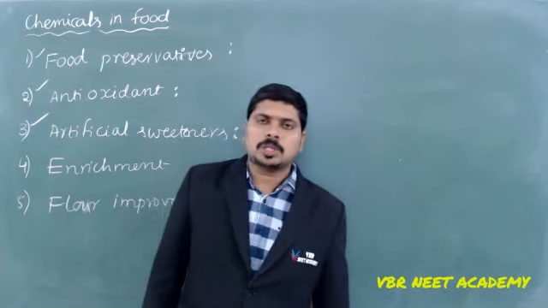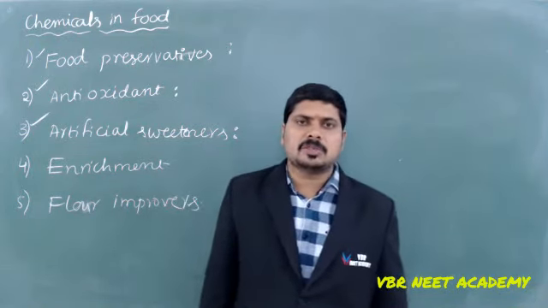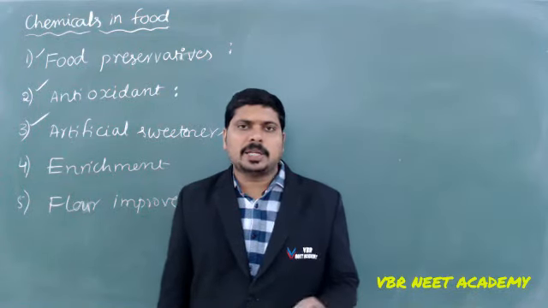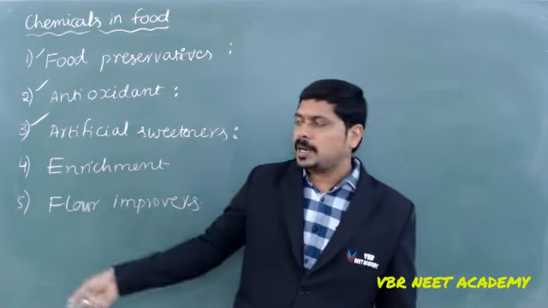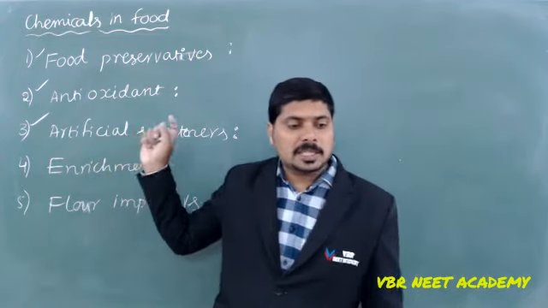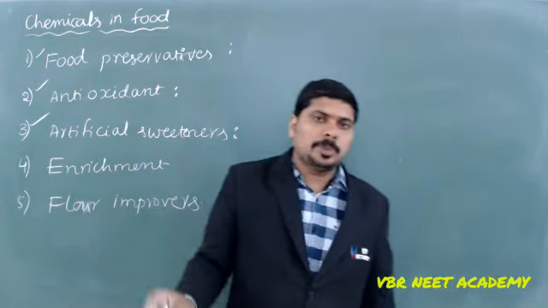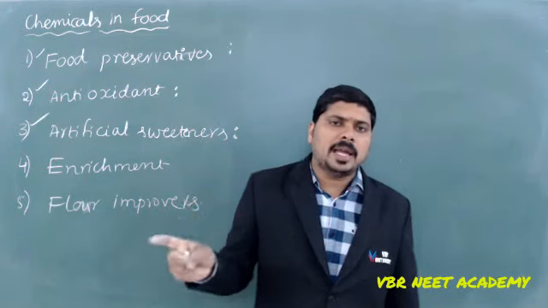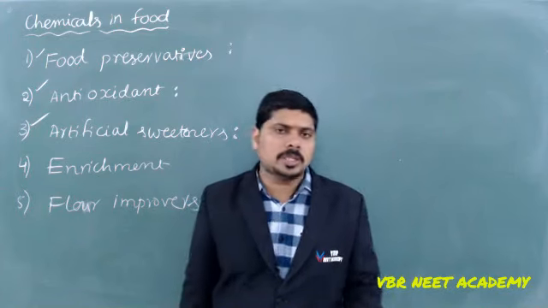The sucrose that we add to food makes it sweeter and tastier, so that we have a good taste on our tongue. But what do we call them here? Artificial sweeteners. They sweeten your food, but they do not add any calorific value to your food.